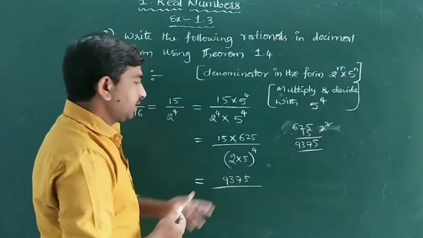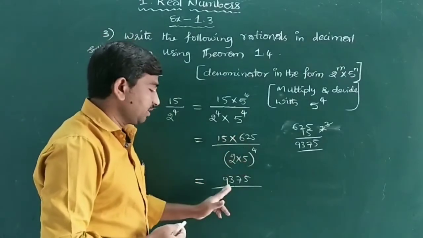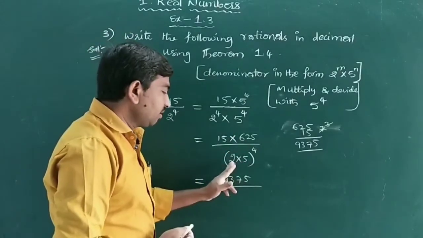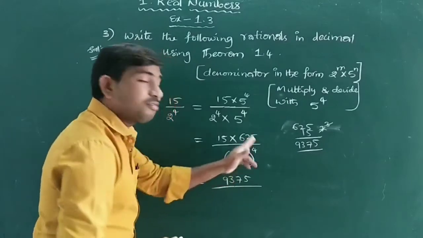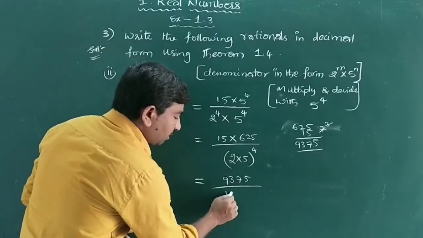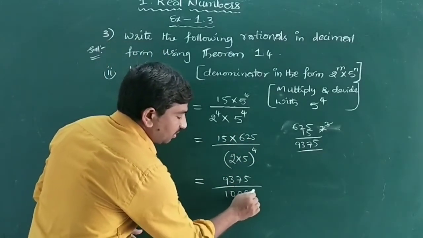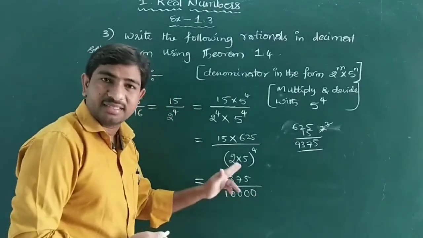The denominator is 10 power 4. 10 power 4 means 4 zeros, which means 10,000.